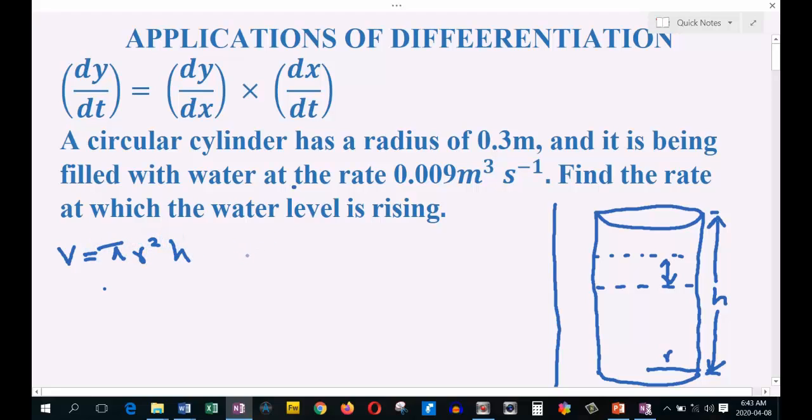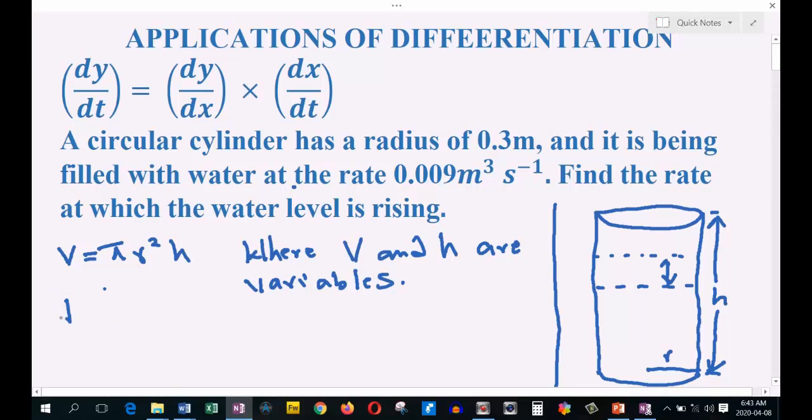In this particular relation, V and H are variables. What this means is that pi and r are constant. So we differentiate our V with respect to H.